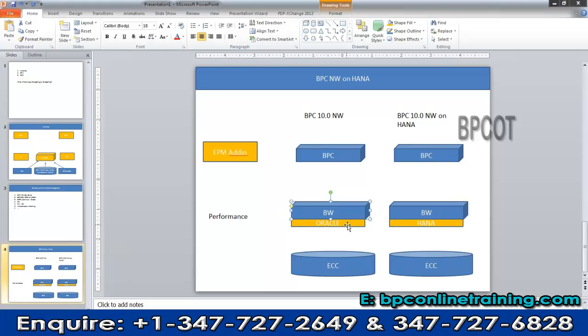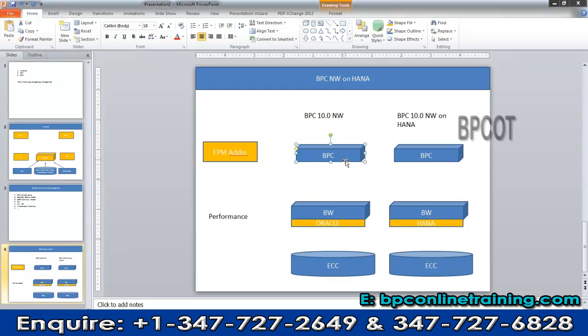Whatever speed you have right now, that speed only you can get in BPC. If you use HANA, the performance will increase. That is the impact. Nothing more than that. So, this is the basic technical structure of the BPC system.